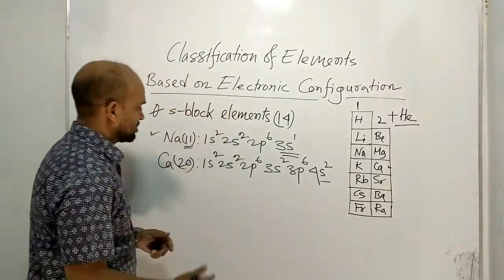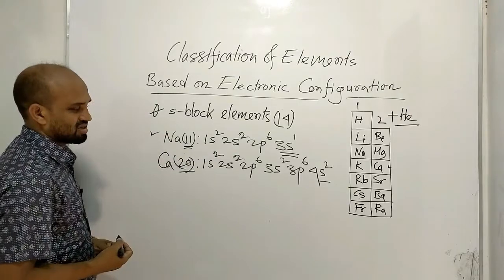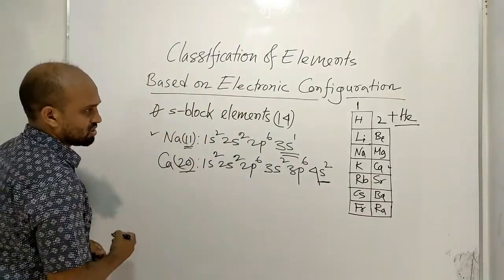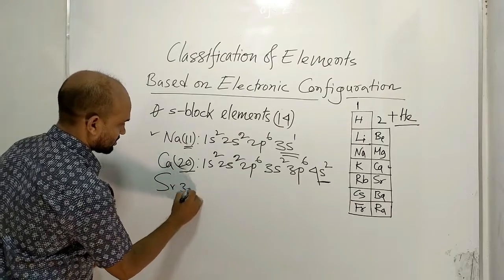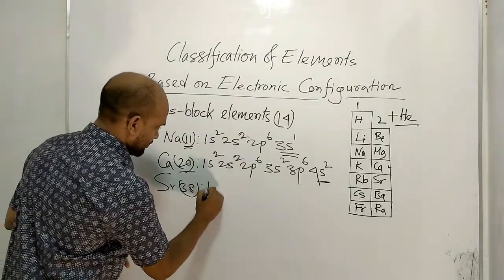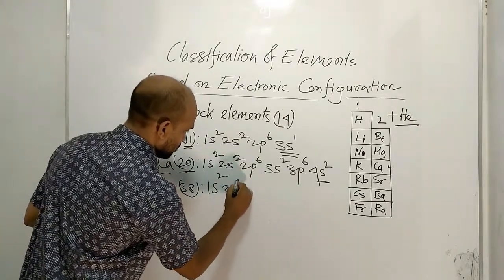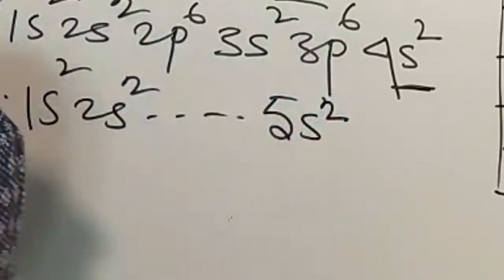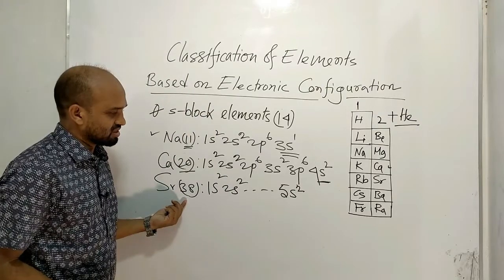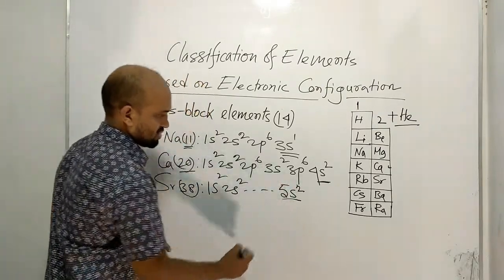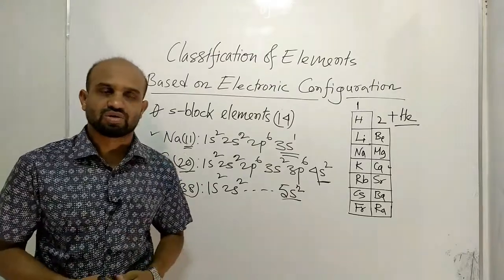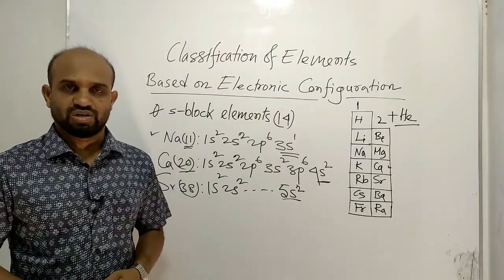That means the 20th electron enters the s orbital. Let's see another one, strontium 38. Electronic configuration is 1s2, 2s2, and finally we will see 5s2. That means the 38th electron enters the s orbital. This is the reason that these elements are called S block elements.